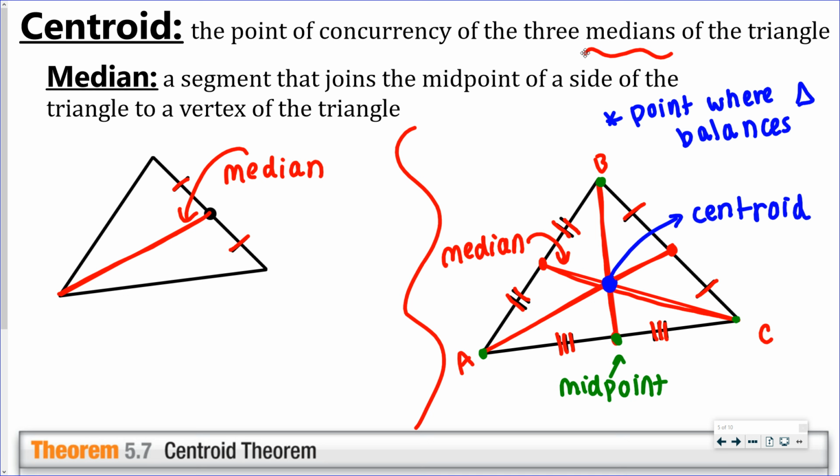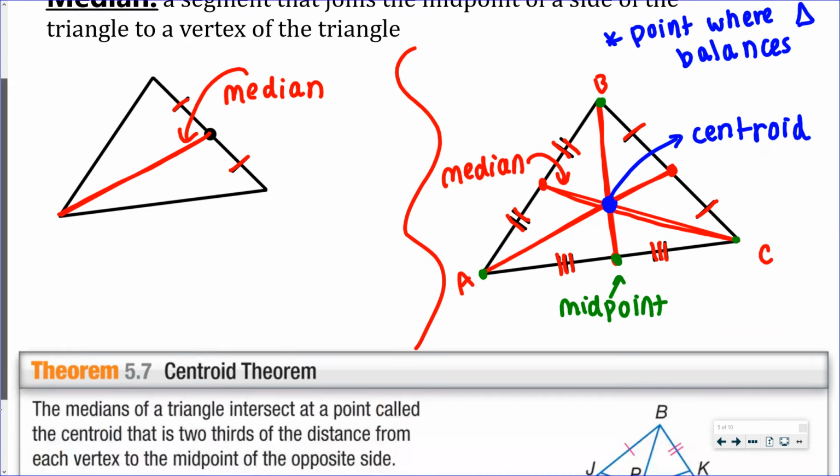My triangle would balance there. Isn't that cool? That's what that means. The point where the triangle balances is a centroid. Anyways, don't say we never did anything cool in here. That was cool.